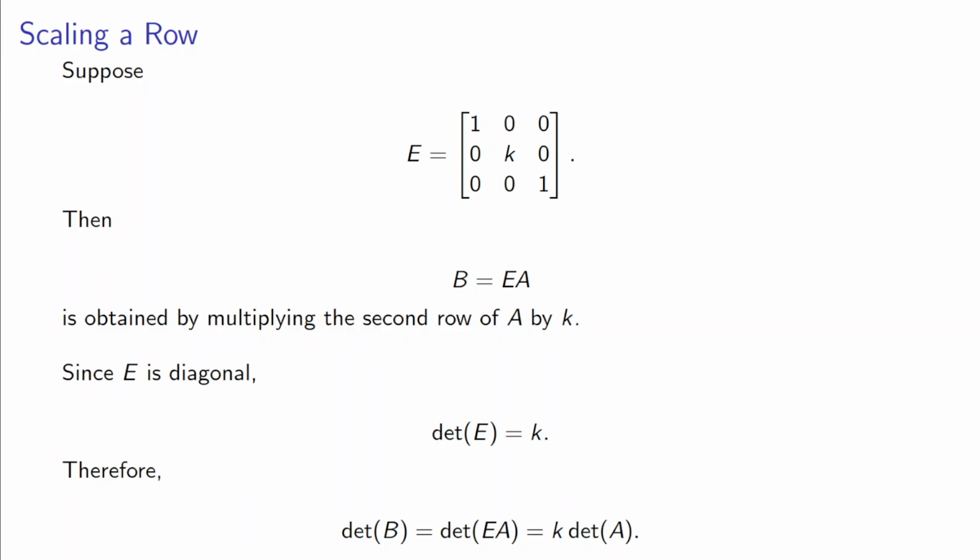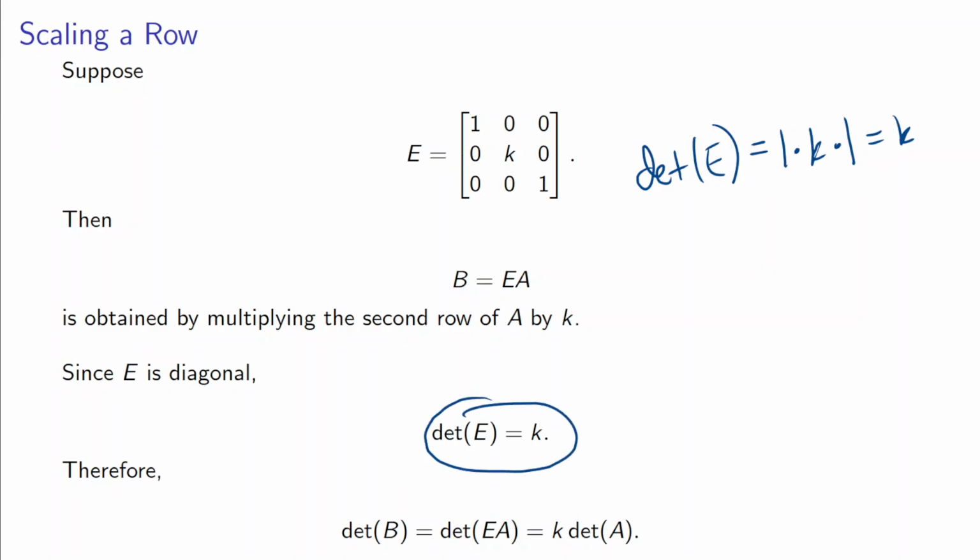Since E is diagonal, we saw in a previous video that the determinant of a triangular, and therefore diagonal, matrix is found by just multiplying the elements down the diagonal. We'd have that the determinant of E is just 1 times K times 1, which is just K. We also saw that the determinant of a product is equal to the product of the determinants.